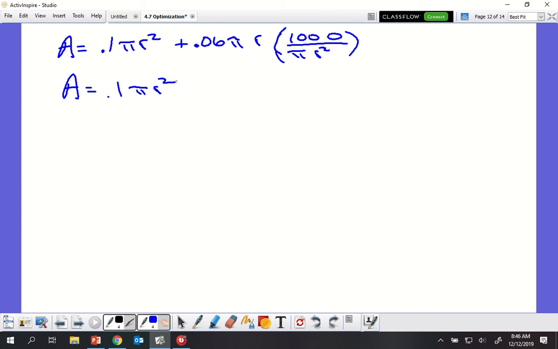That's going to cancel one of the r's. So it's going to be plus 0.06 times 1,000. That's 3 places left, 60, over r.